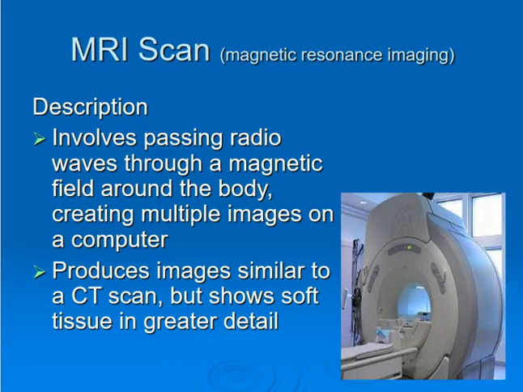An MRI scan, or magnetic resonance imaging, looks a lot like the last one we saw, but radio waves are passed through the magnetic field around the body, and we get multiple images on a computer. Instead of just soft tissue and hard tissue, it produces images similar to the CT scan, but shows a lot more detail.